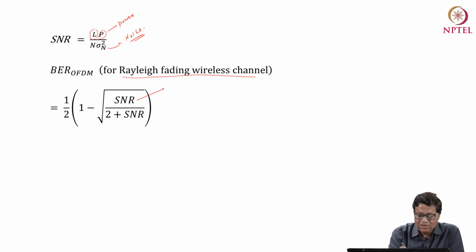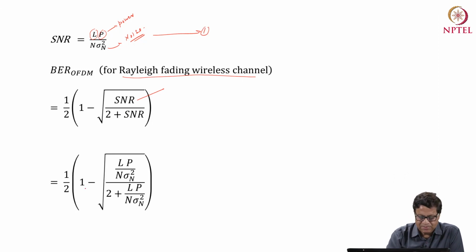Now I can put the value of this SNR from this equation 1. So this becomes half (1 minus root of (LP/(N sigma n square)) divided by (2 plus LP/(N sigma n square))). So this becomes the BER for OFDM.